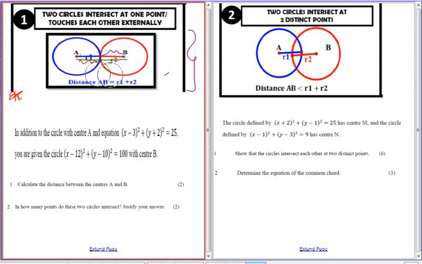So if the case that we find here is satisfied, we say that the circles are touching. They touch externally. It's important that you see that it's actually externally, because when it's internally, this whole AB now just becomes R1 minus R2.